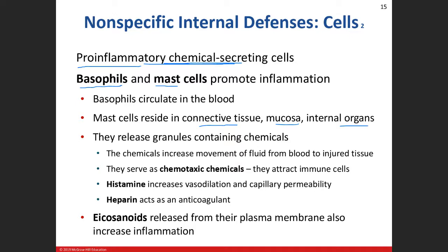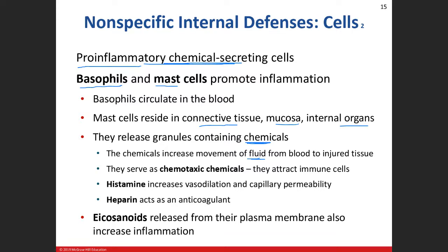They both perform similar functions. They both release chemicals that promote an influx, increasing the movement of fluid. And where does fluid usually reside? In the blood.